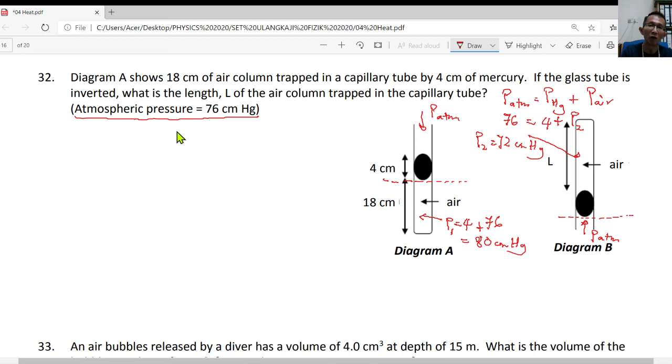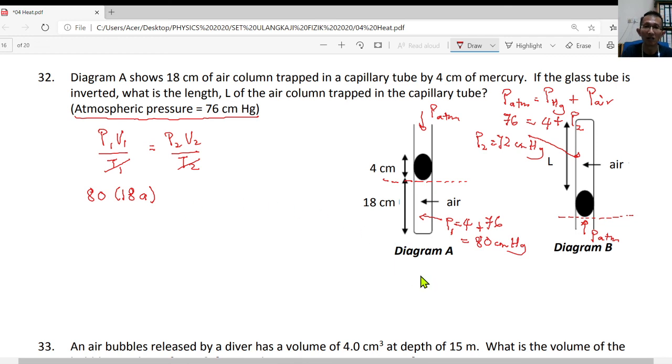Alright, so now I'm going to use my universal gas law: P1 V1 over T1 equals P2 V2 over T2. In this question, I don't have any temperature, so I will just cancel the temperature out, assuming that they are equal. So P1 is 80, and the volume is 18 times the area of the tube. Since they have the same area, I just write 18 multiplied by A to get the volume.